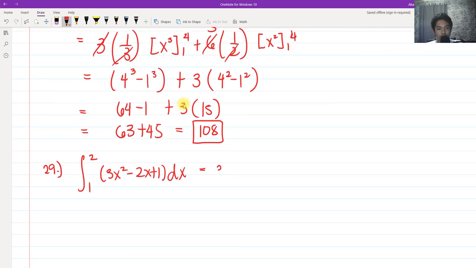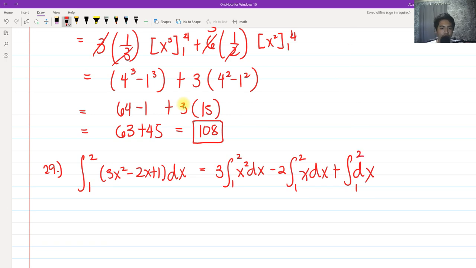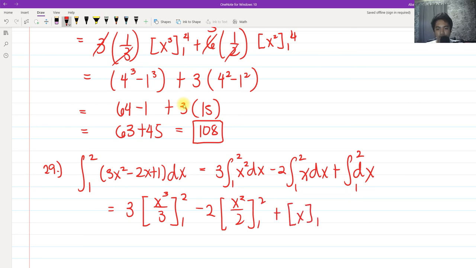So by properties of integral, I can rewrite it as 3 integral of x squared dx from 1 to 2 minus 2 integral of x dx from 1 to 2, then plus integral of dx evaluated from 1 to 2. So evaluate, so we have x cubed all over 3 from 1 to 2 minus 2, then we have x squared all over 2, that's the integral of x, evaluated from 1 to 2, plus we have x, evaluated from 1 to 2.